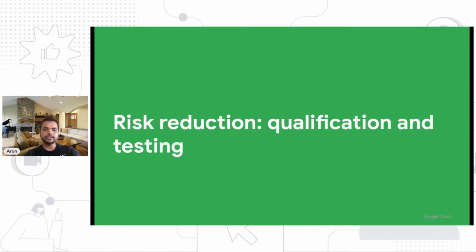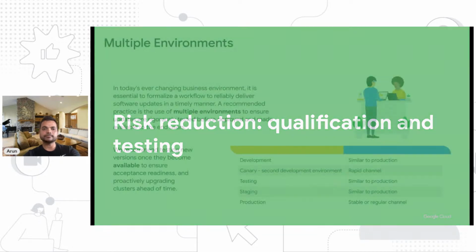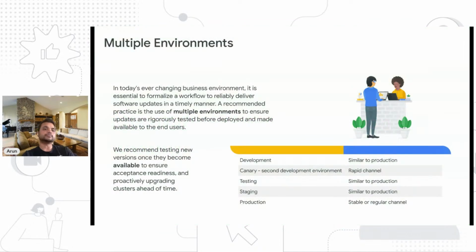Risk reduction and testing. So how can we reduce risk? We cannot just stop upgrading our clusters, but there are a couple of best practices that we can follow. I'm sure most of you have this setup: development, testing, staging, and then production. These are the recommendations.